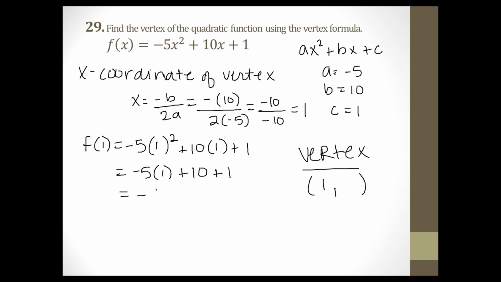So that's negative 5 plus 10 plus 1. Negative 5 plus 10 is 5, plus 1 equals 6. So the vertex would be 1, comma 6. And that would be answer choice C. All right.